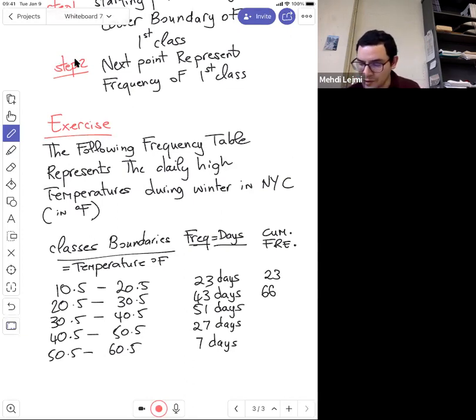For the third class, 51 plus 43 plus 23, that will be 117. For the fourth class, we have 144, and 151 for the cumulative frequency of the last class.